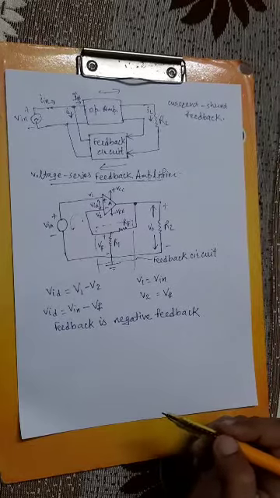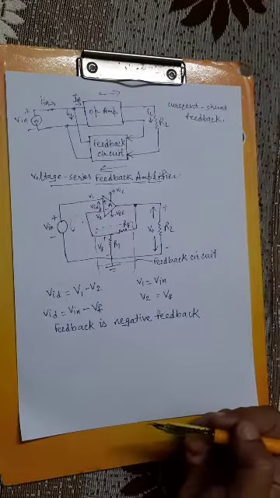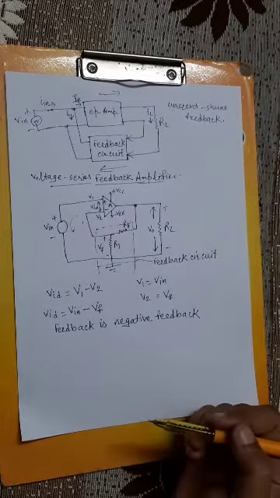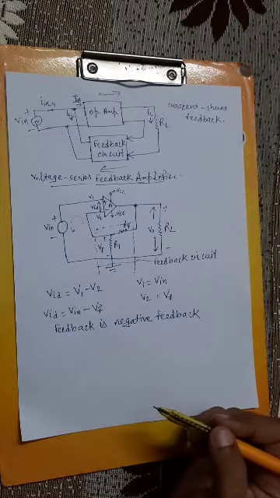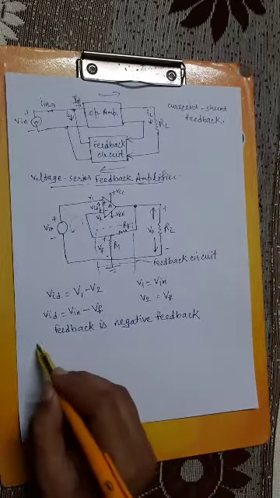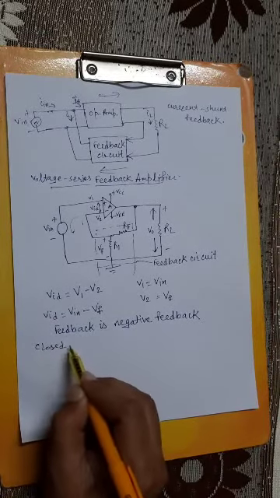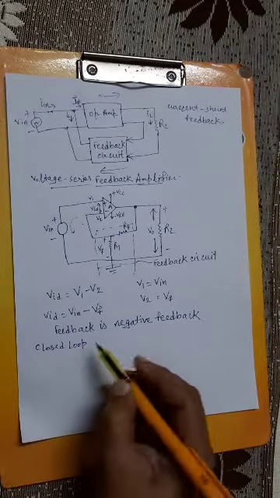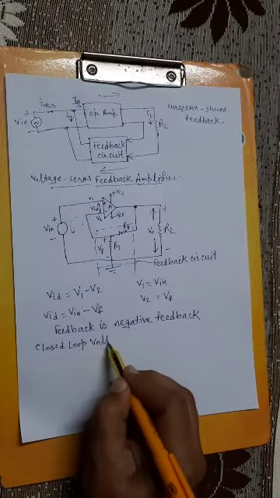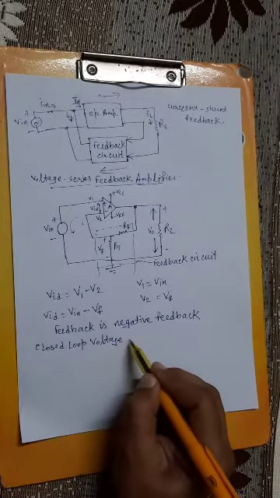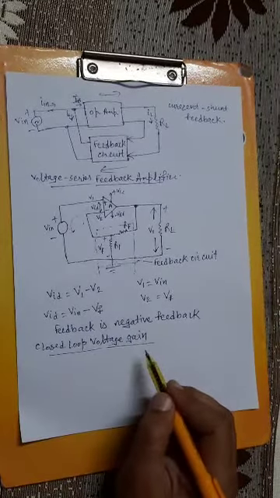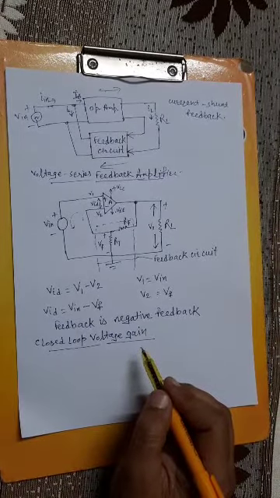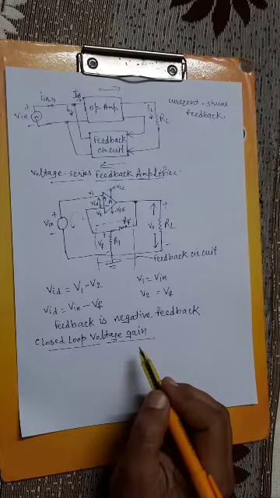Now we will discuss some more closed loop features, or closed loop properties. So firstly, the closed loop voltage gain. So what will be the closed loop voltage gain?